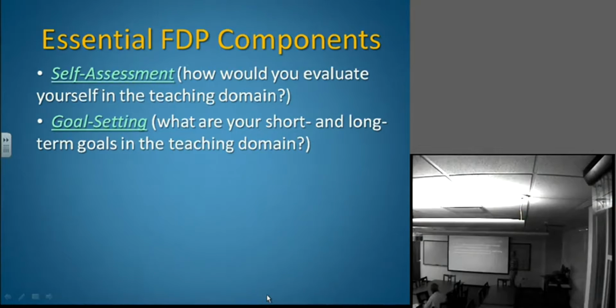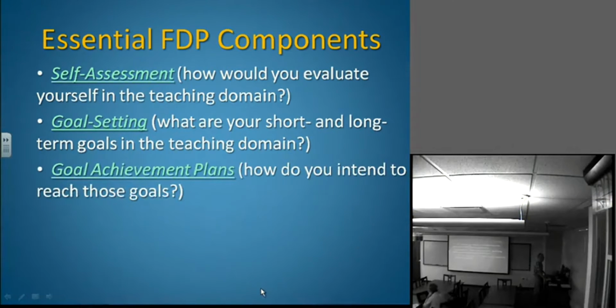Short-term and long-term is defined by you: this semester, by the end of this year, over the next two or three years. So you control the range of application of this plan. We generally recommend it's a yearly thing, but you could do it longer than that if you want.